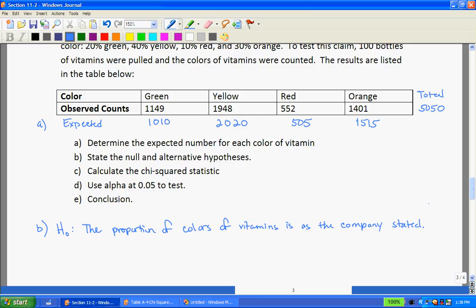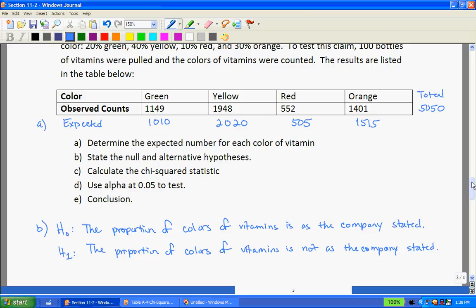Or we could also say for null, the proportion of vitamins is 20% green, 40% yellow, and so on, and state those specific amounts. Whereas the alternative is saying that no, that's not happening: the proportion of colors of vitamins is not as the company stated.